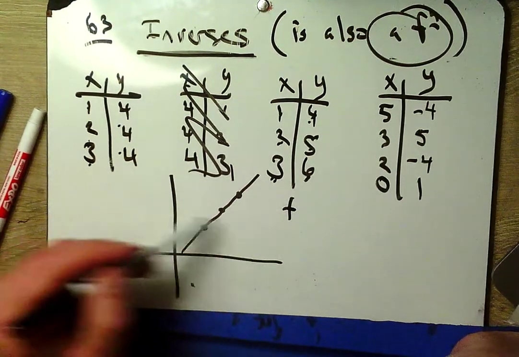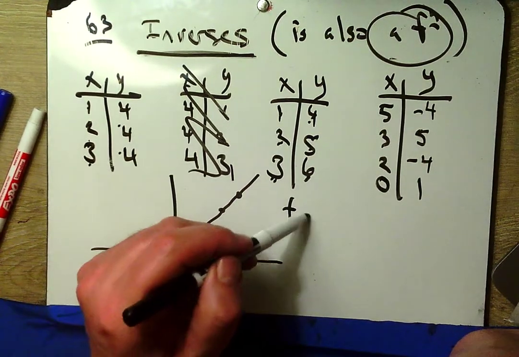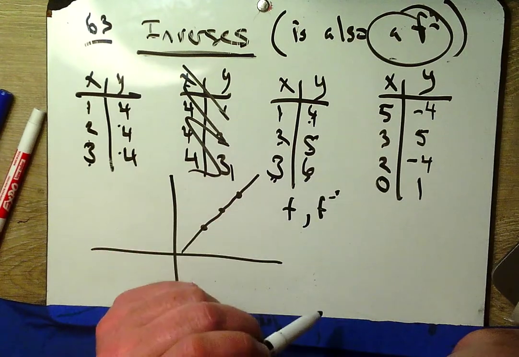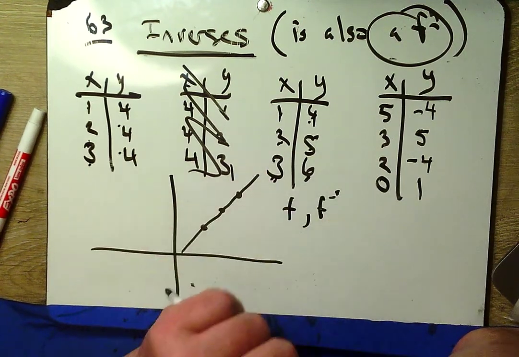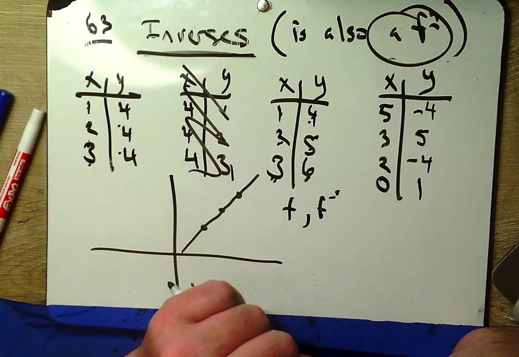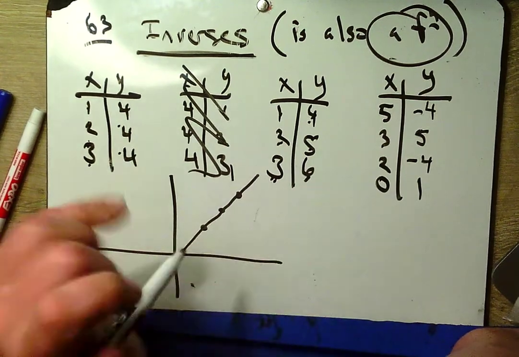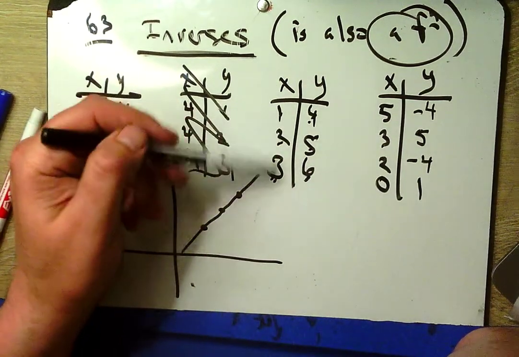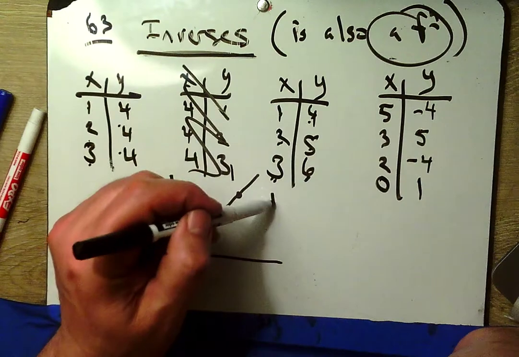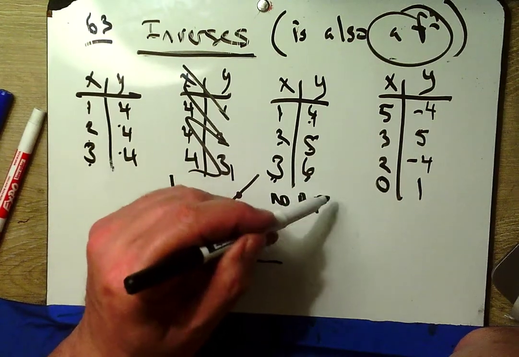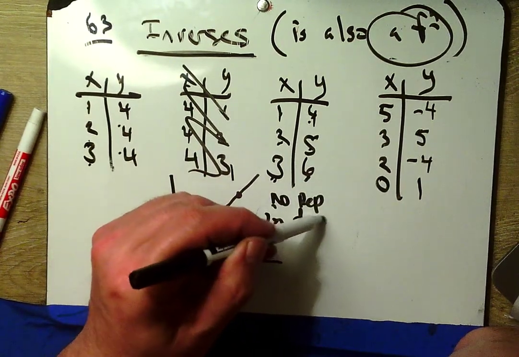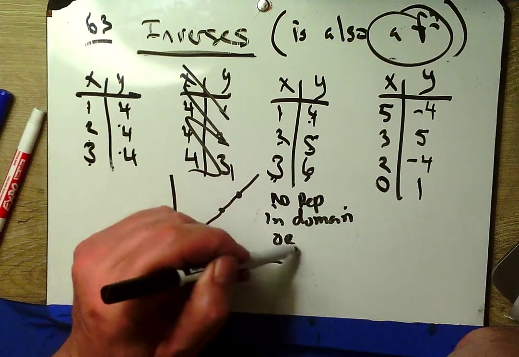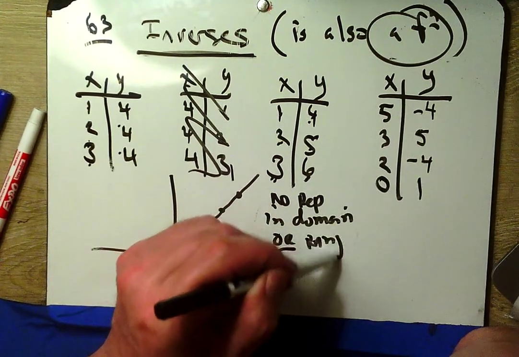I'm also going to pass the horizontal line test, and therefore I know that the inverse of this function exists. Okay? What else? Oh, so I don't want to see repetition in the domain or the range.